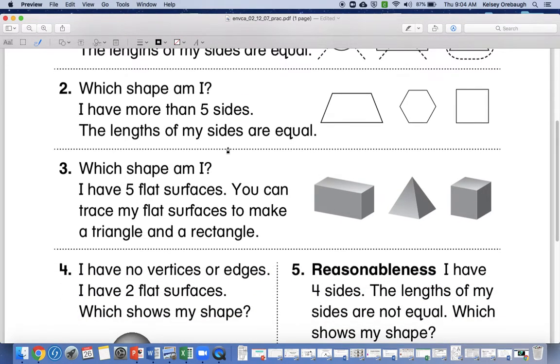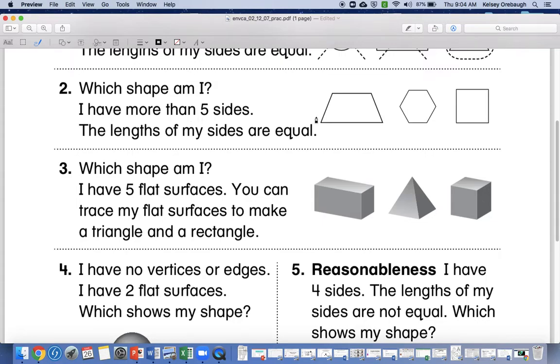Which shape am I? I have more than 5 sides. The lengths of my sides are equal. All right, let's look at all of these shapes. I have more than 5 sides. Let's count the sides. 1, 2, 3, 4.